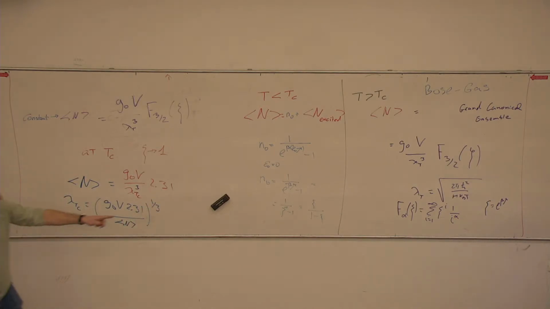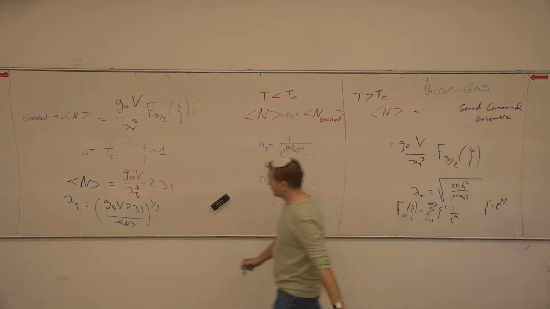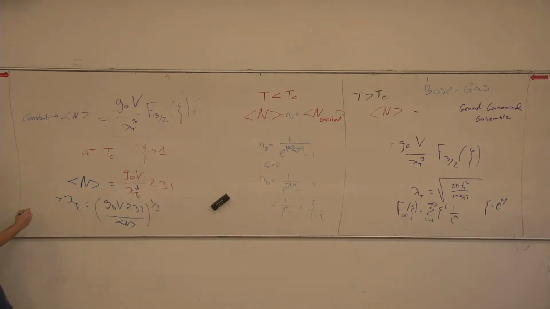Now lambda TC is this, right? So we know that (2 pi h bar squared divided by m k Boltzmann TC) to the power of 1/2.